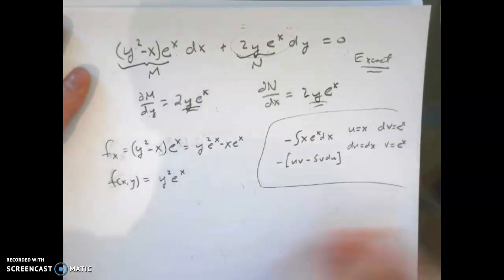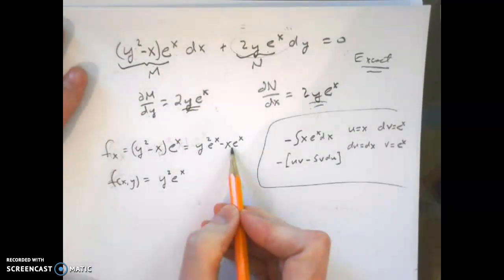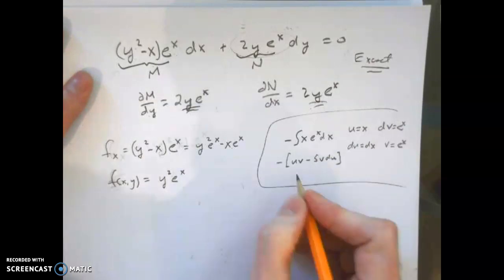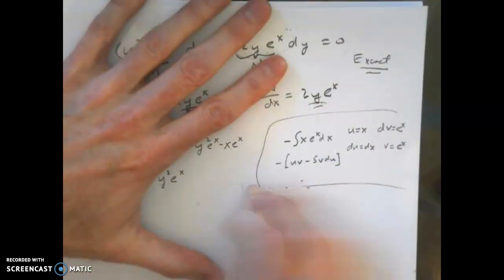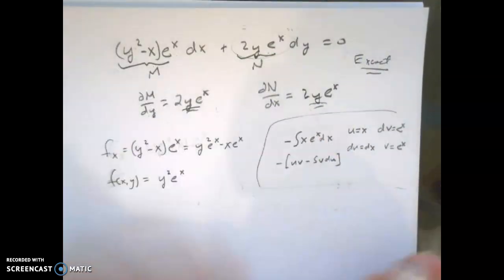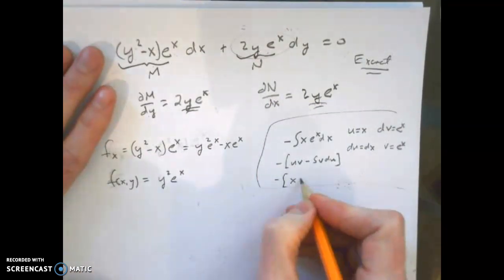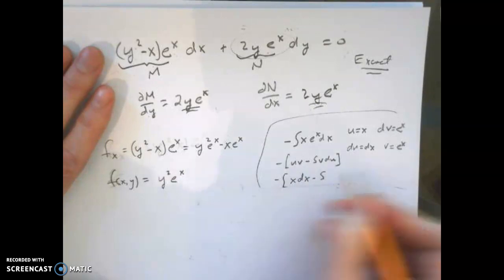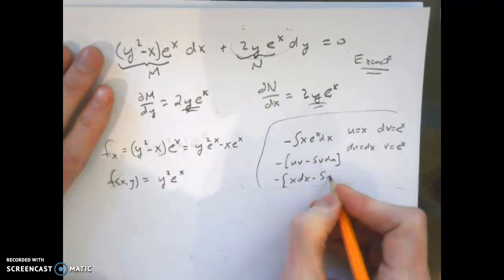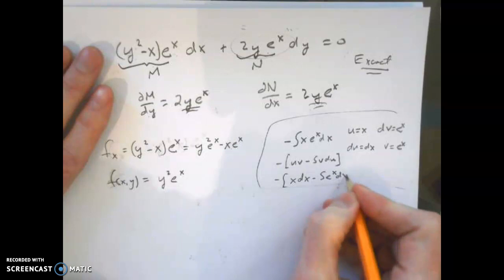Okay, so minus, and I want uv minus integral of v du. And this going off to the side, just to do the antiderivative with respect to x of this small part. So I've got minus uv, minus integral of v du, e to the x dx.